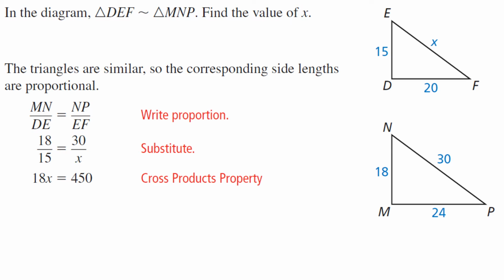Again, I just stole this example off the internet, so they didn't show all the step-by-step work there. But the cross products is where that came from. And of course, solving for X, better divide both sides by 18. So you get 25. I was lazy and didn't want to do all the typing work myself.